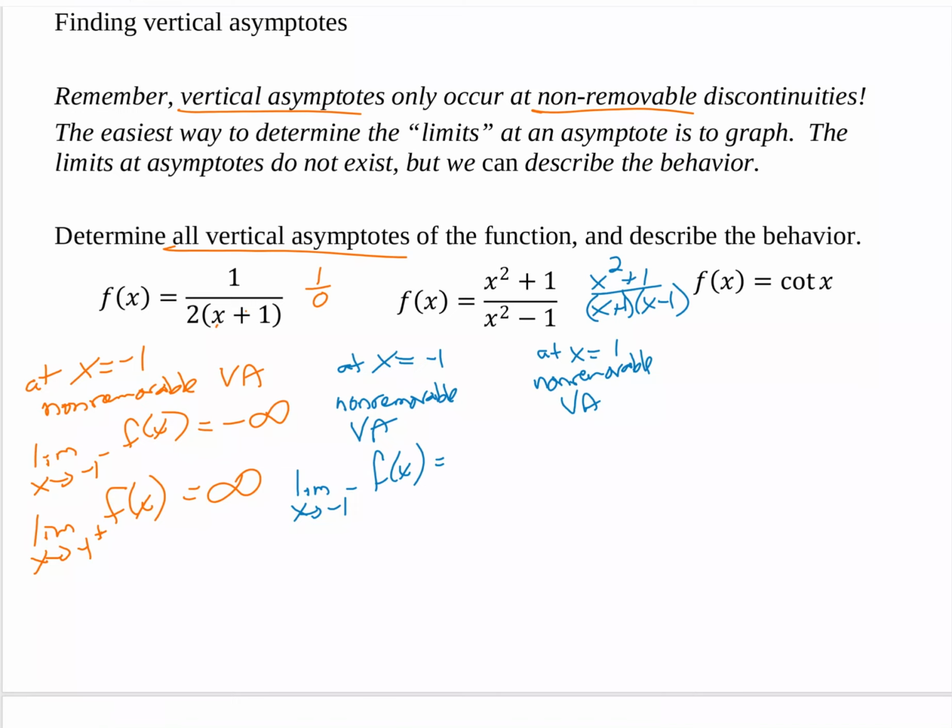Squared, it turns positive, slightly larger than 1. And -1 is still positive small. On top, we get something bigger than 1, divided by something small but positive, which creates a big positive infinity.